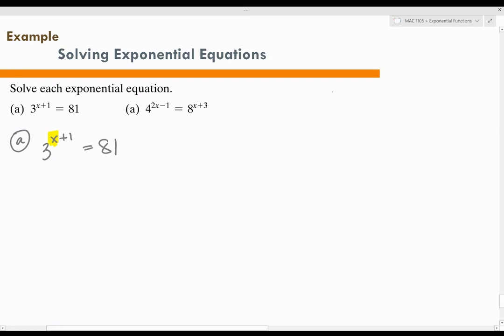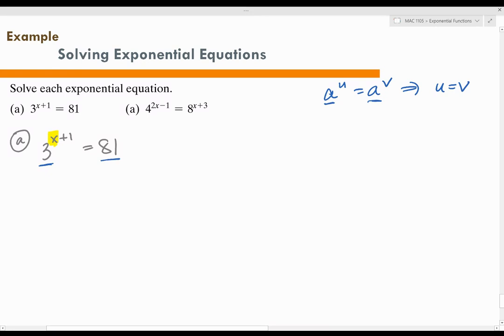So that rule says if you have a to the u equals a to the v, then u equals v. The way that works, you have one expression on each side of the equal sign, which we do, but we need our bases to be the same on both sides. So the base on the left-hand side right now is a 3, and the base on the right-hand side is an 81.